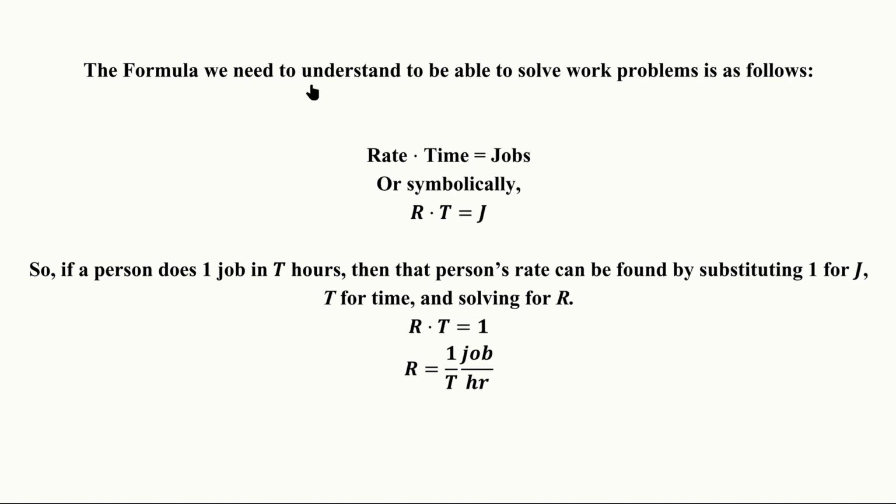All right, so the formula we need to understand to be able to solve work problems is as follows: rate times time equals jobs. Symbolically, we just put R times T equals J, right?